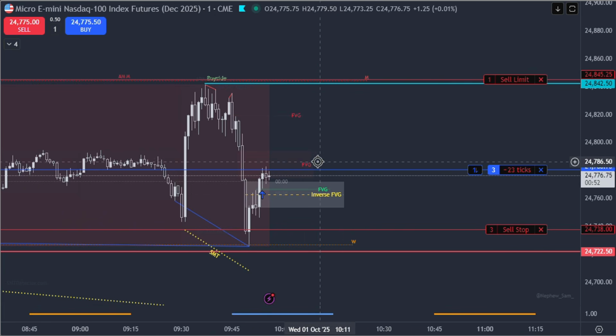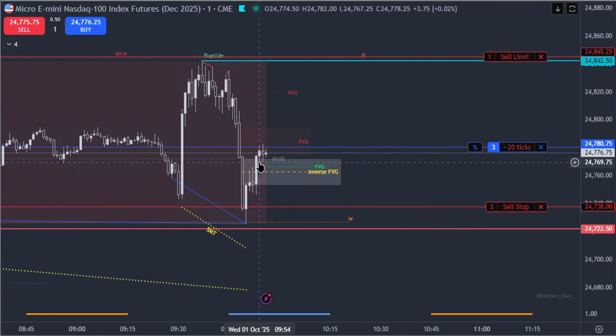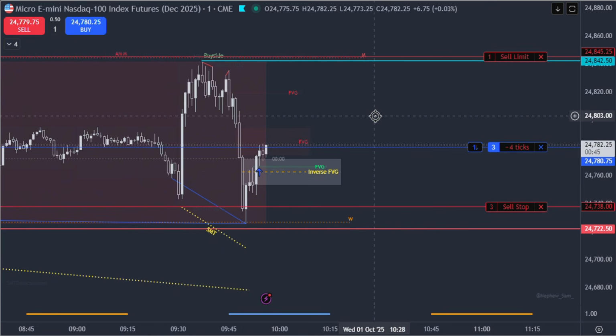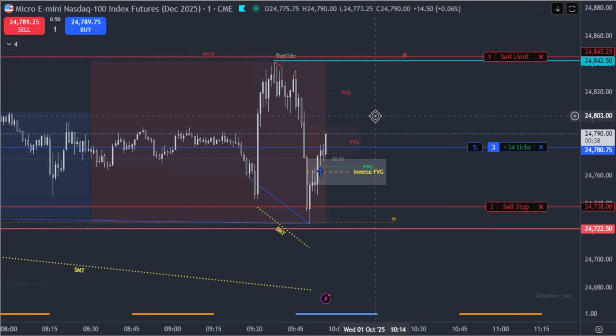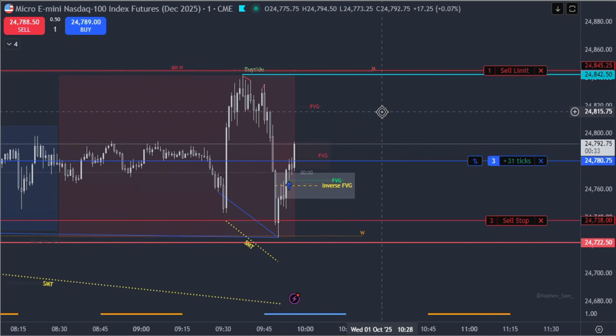If we retrace a little bit more, I'll add another contract just because the entry kind of sucked. This is how you use inverse fair value gaps.